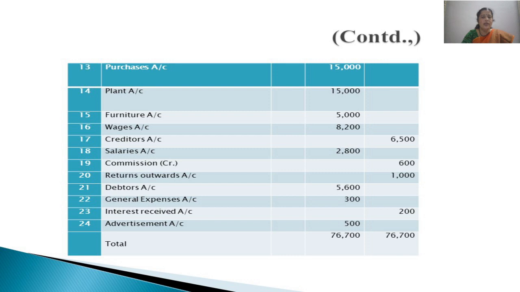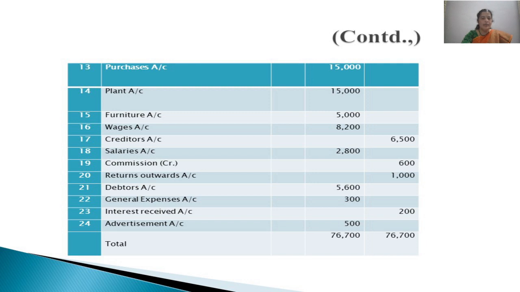So it is nothing other than purchases returns, right? Returns outwards means purchases returns. See, in the first account on this slide, purchases is debited. So the opposite of that is returns outwards, which means purchases returns, put it on the credit side.